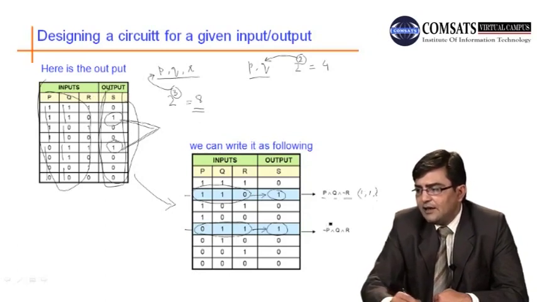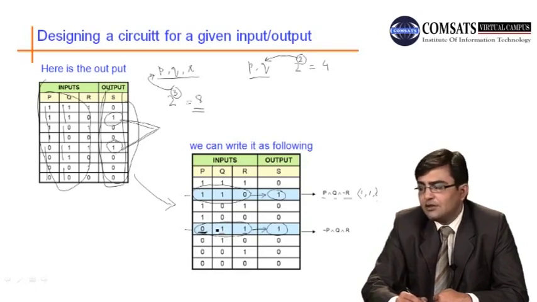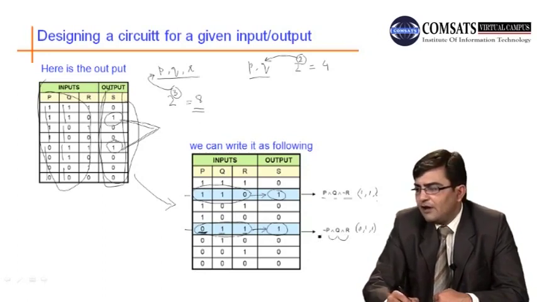For the second, here we have 0, 1, 1. For 0 we write not P, and we connect them using the conjunction operator: not P and Q and R. This corresponds to input 0, 1, 1, and we have this output 1.